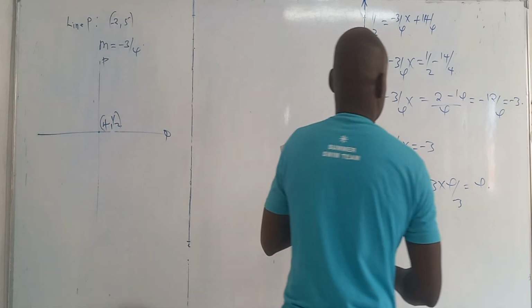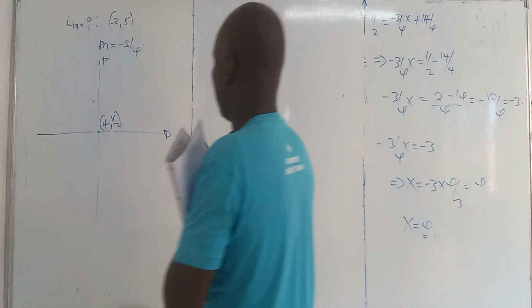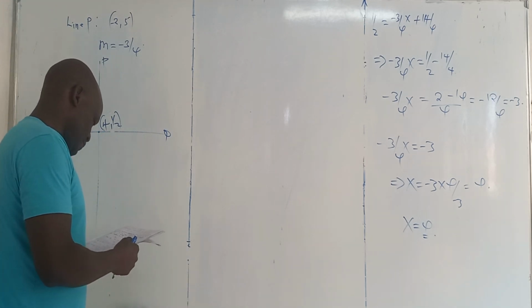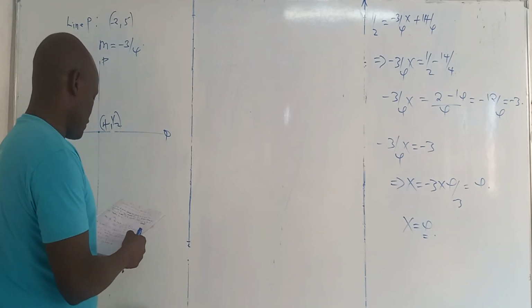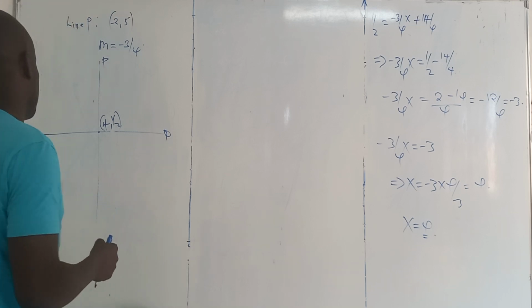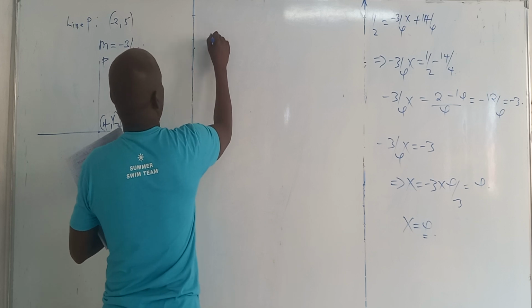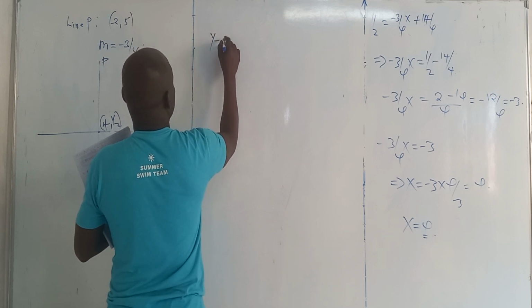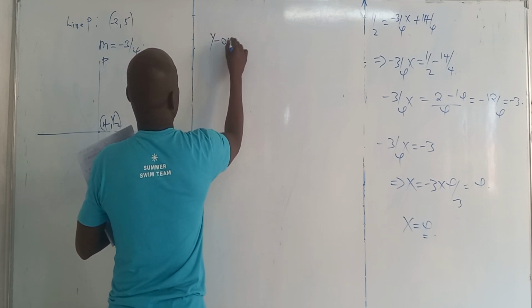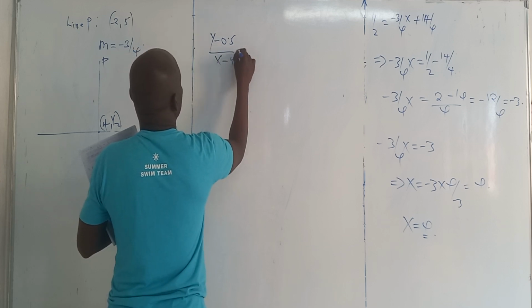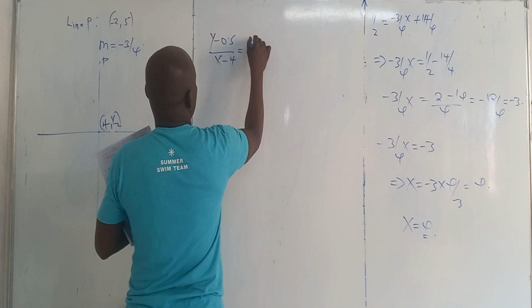The gradient is 4 over 3. So I'll say (y minus 0.5) over (x minus 4) is equal to 4 over 3.